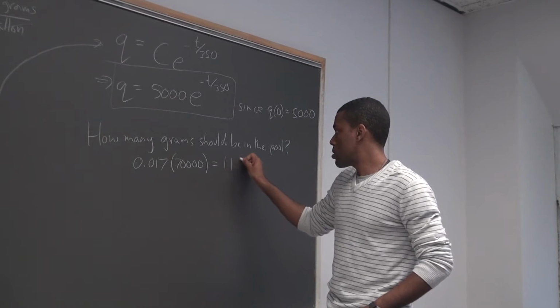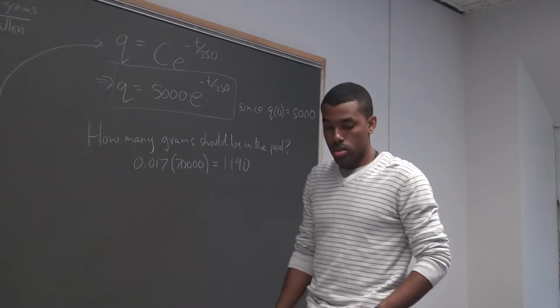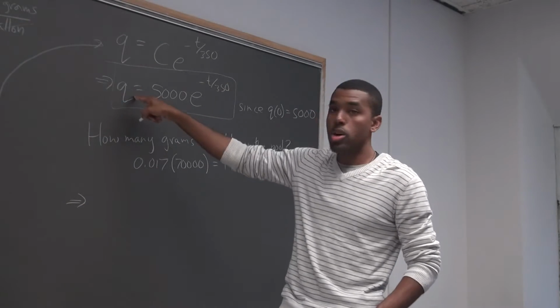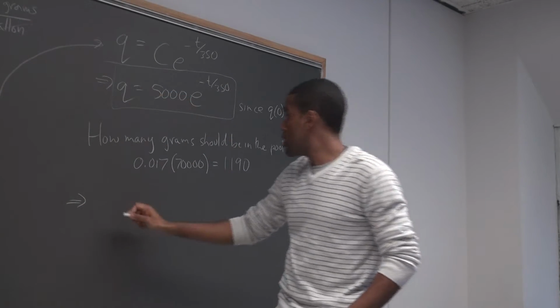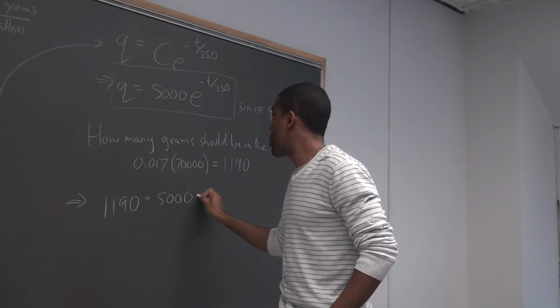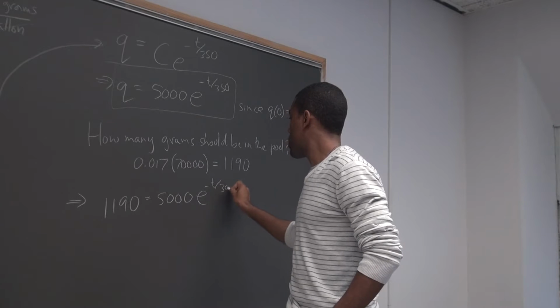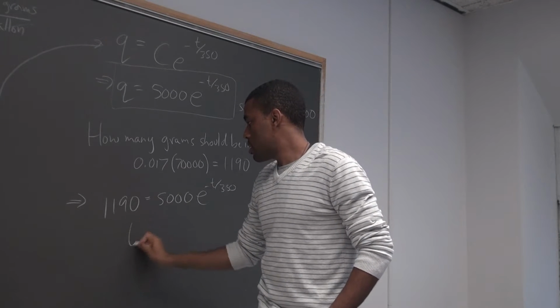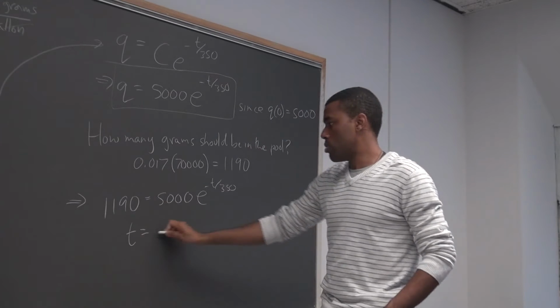1,190. And so this means if we set this equal to the amount of salt we want in the tank, then we get t equals, whatever.